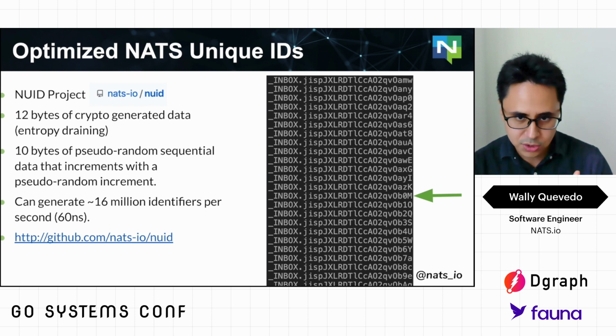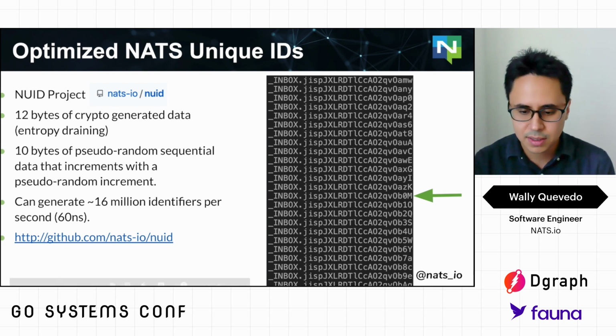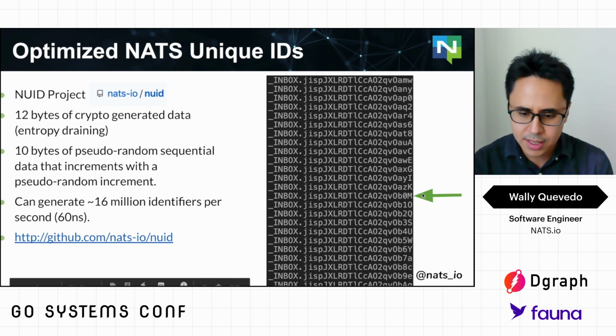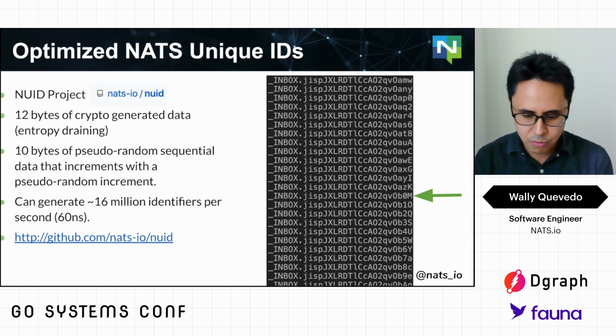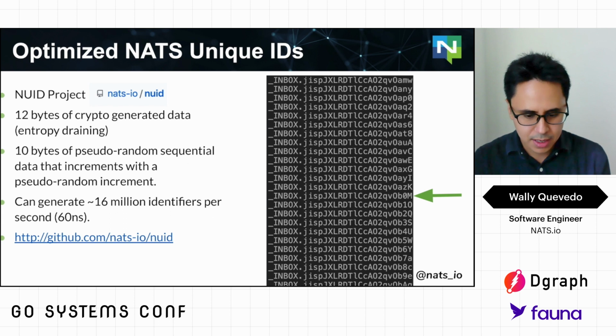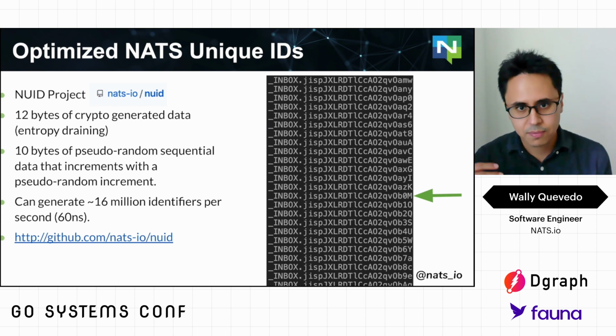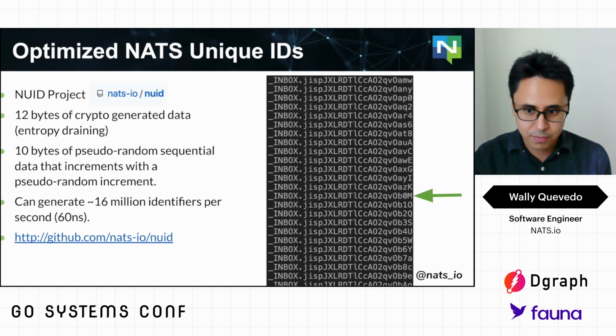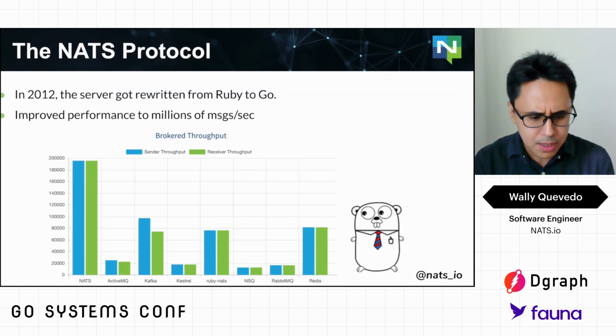So once you are creating many inboxes, you can see that only the last few bytes of the inbox are changing, until it has to roll over that last part of the segment and increment the inbox from A to B. It switches between all those alphanumerical sequences, and it's very, very fast.